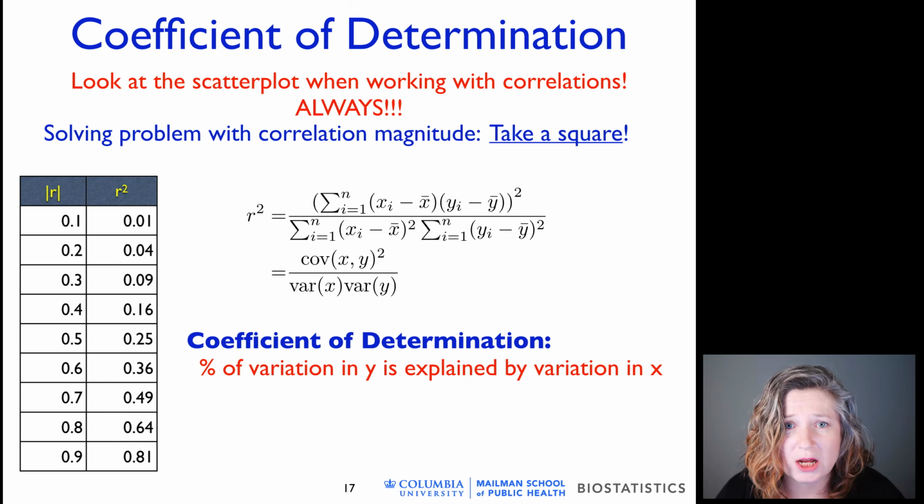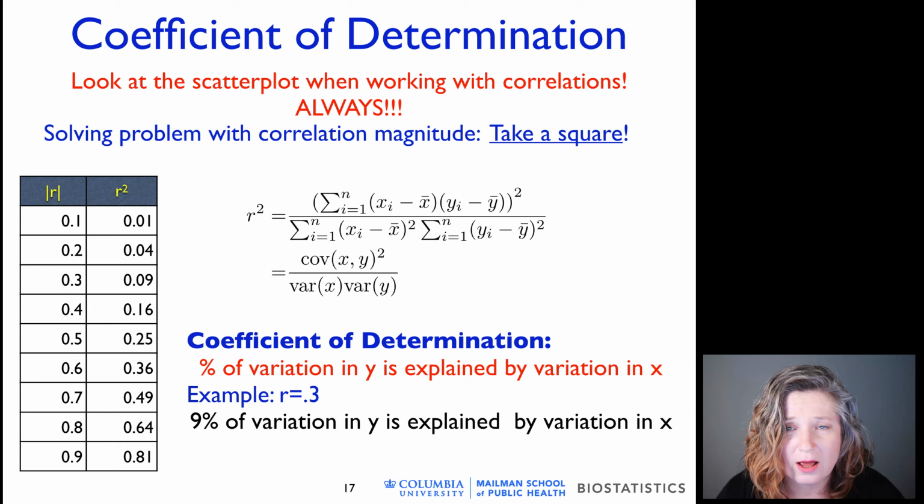The coefficient of determination can be interpreted as the proportion of variation in y that is explained by variation in x. So for instance, if correlation is 0.3, 0.3 squared is 0.09, so we can interpret it as 9% of variation in outcome is explained by variation in predictors.